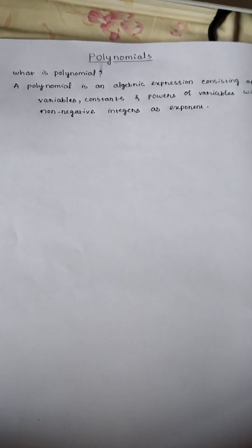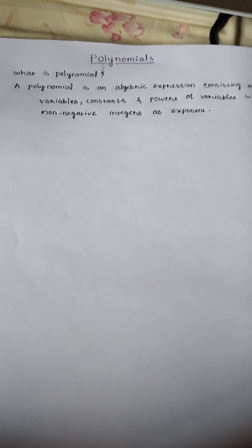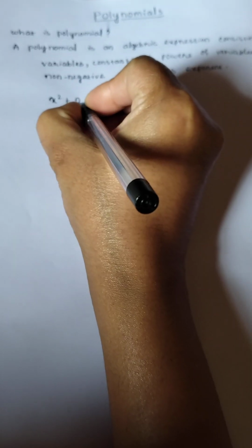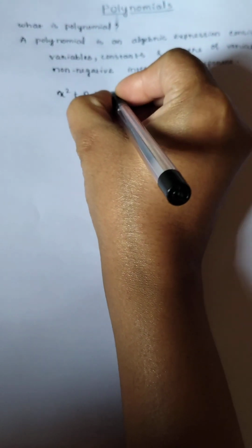So first we will learn what a polynomial is. A polynomial is an algebraic expression consisting of variables, constants, powers of variables with non-negative integers as exponents. For an example, x square plus 2x plus 1.